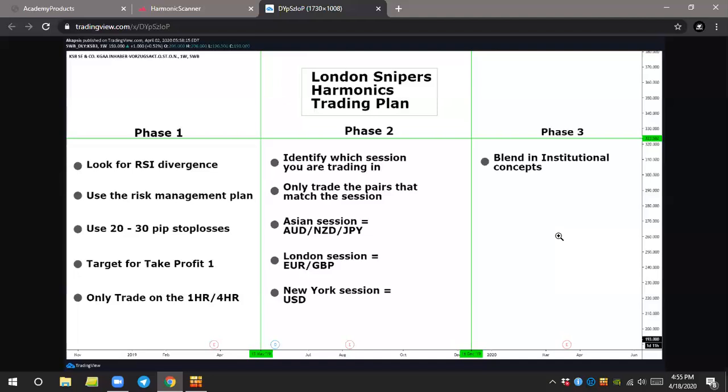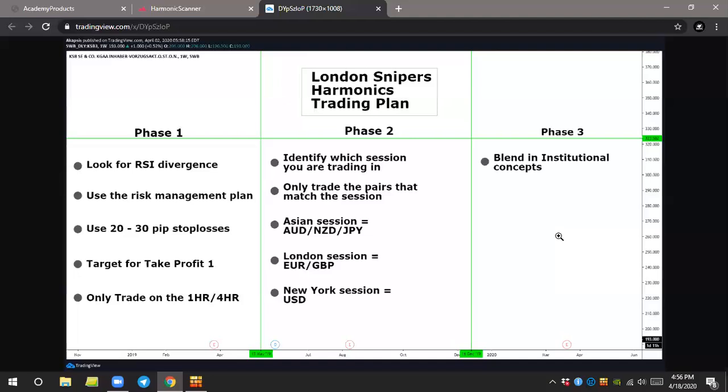From about 2 a.m. to about 11 a.m. or so is London session. And then New York session starts about 7 a.m. and goes all the way until like 5 p.m. or so.